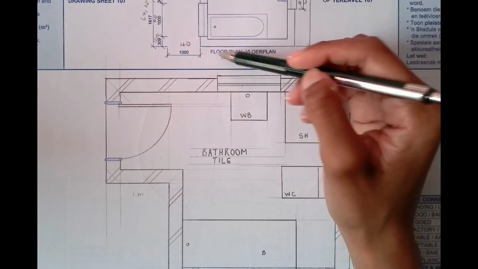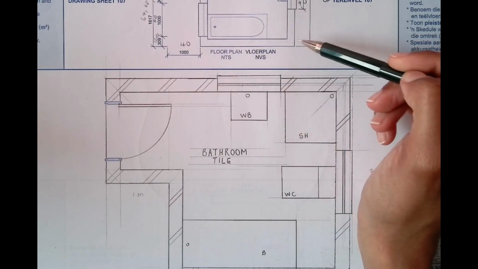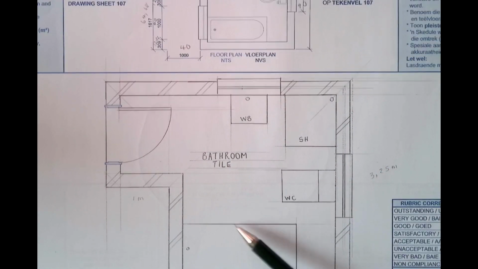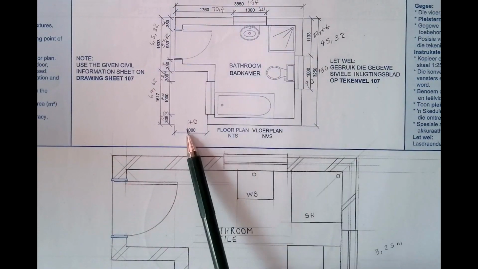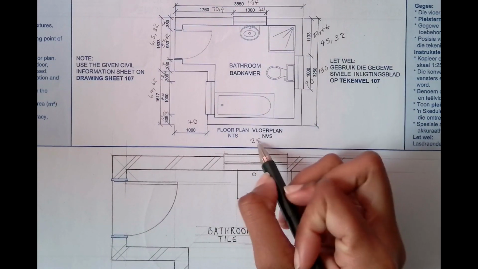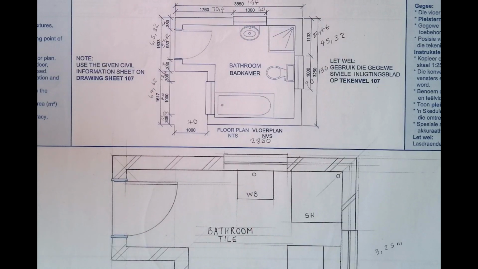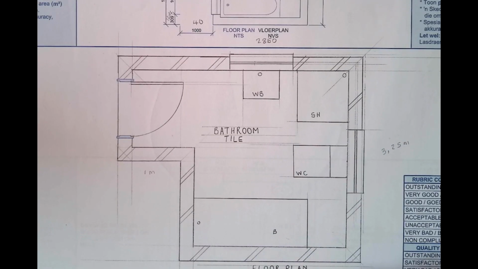And then this part, we need the dimension of this part here. And how we get it is we take this and subtract this. When we subtract that, we get 2850. When you divide that by 1000, you're going to get 2.85 meters.